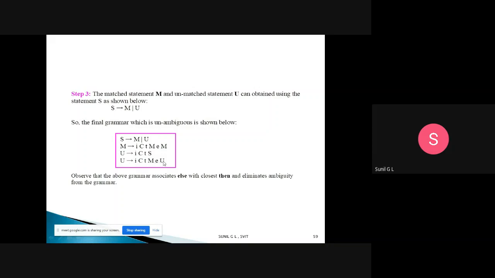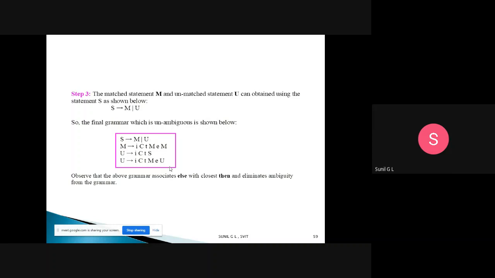So after that, if you replace U with I C T S also, we won't get any dangling else. So like that we need to replace the ambiguous grammar with the unambiguous grammar.